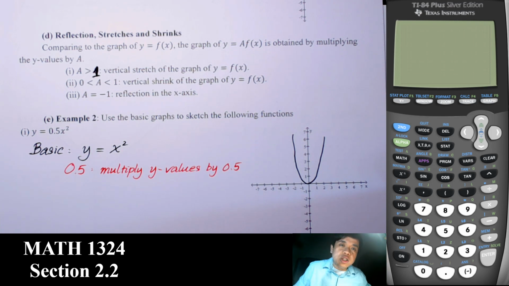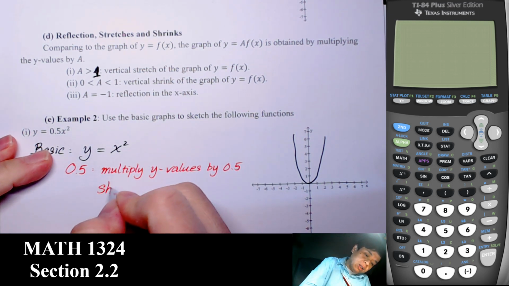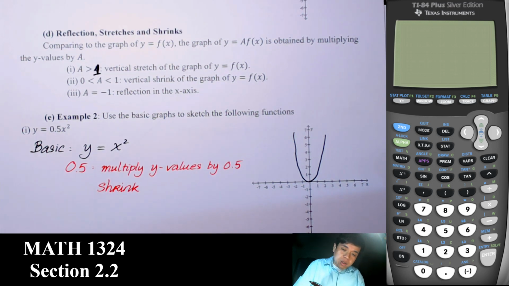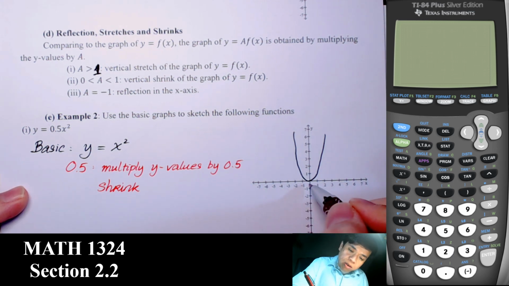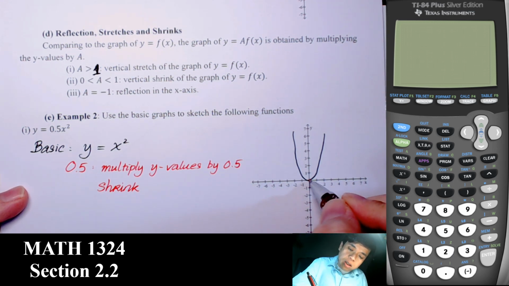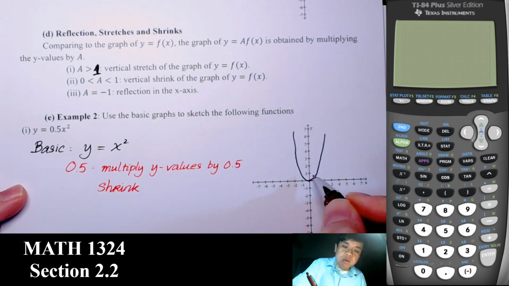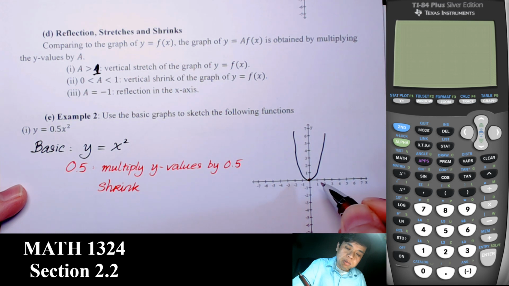So if we get things smaller, that will shrink. So how does that work? The y values get shrunk. Now what is the y value of 0 here? 0 multiplied by 0.5 is still 0.